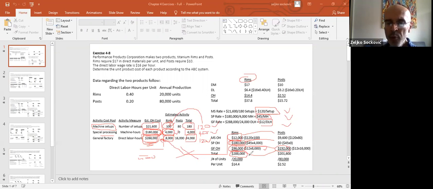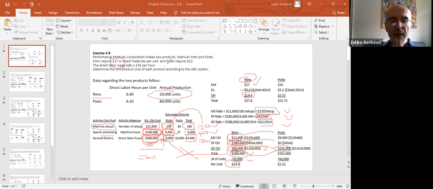So you end up with 288, and then you will divide these into how many units they made of these rims. Well, they made 20,000 units. So you divide them and you get 14.4, and that's your number here, 14.4, right? And then to this 14.4, you just add direct materials, which it says here is 17. And now how much is direct labor?